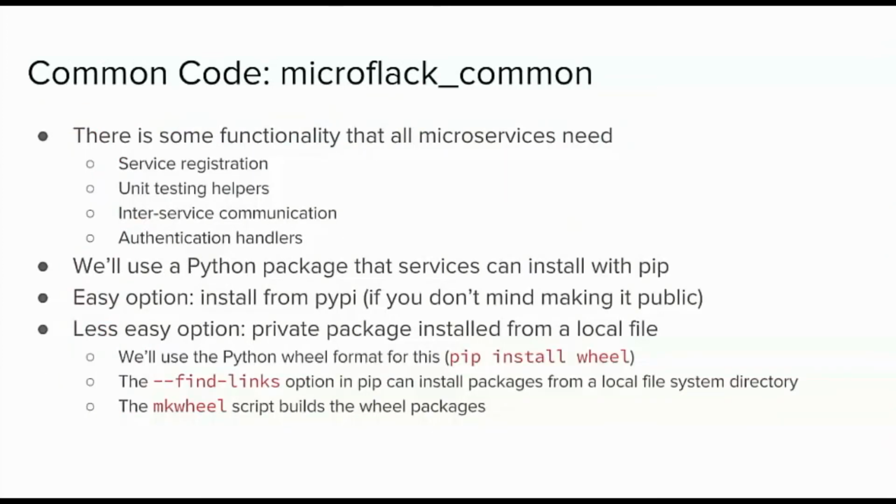I also was thinking that there's a bunch of things that all the services will need. For example, we want all these services to talk to the service registry. That's going to be common functionality. For unit tests, when I unit test an API written in Flask, I take the Flask test client and add something on top, because the test client is not really made for APIs.